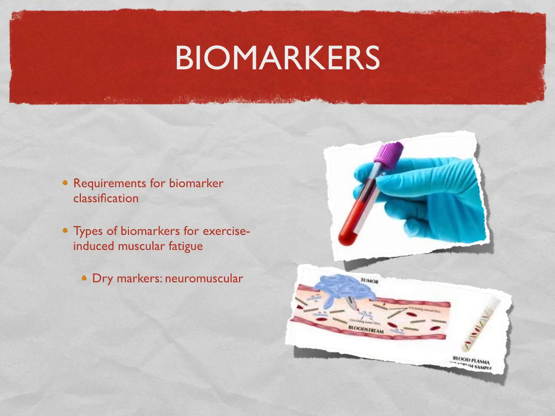And so for our purposes, the dry markers, which are truly what we've been doing as biomechanists and exercise physiologists for a long time, are things like countermovement jump or torque production in an isokinetic machine, or force production in the laboratory. These all are types of neuromuscular functioning that we measure and see if there's a decrease or a deficit.